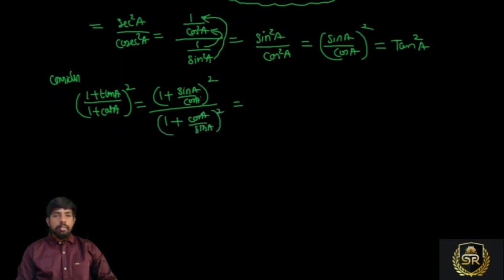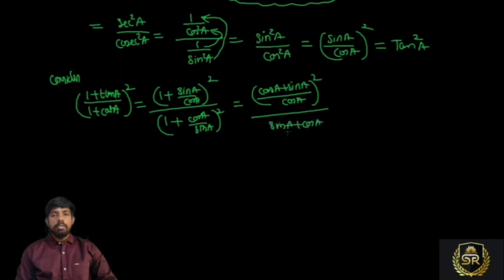So from here, taking LCM: cos a plus sin a by cos a whole square, by LCM: sin a plus cos a by sin a whole square.